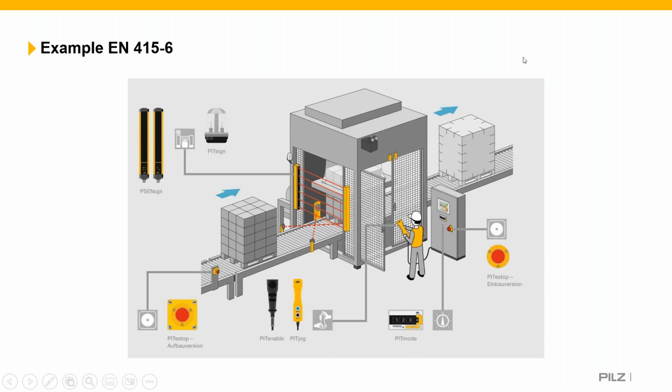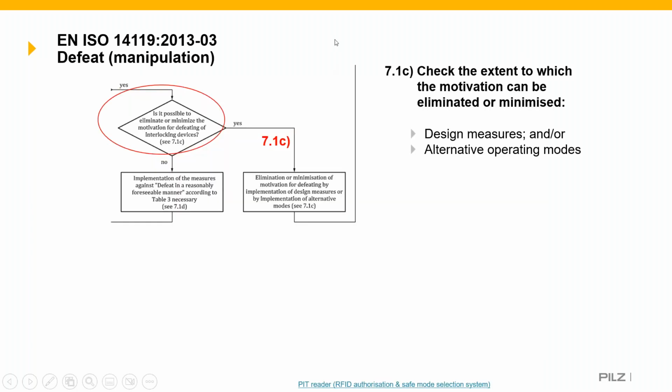We can also look at 14119 for interlocks, and so if we look at the chart for manipulation to defeat, and if it is possible to eliminate or minimise the motivation to defeat an interlock, then we need to look at doing that by implementing design measures, and that's normally by implementing alternative modes.